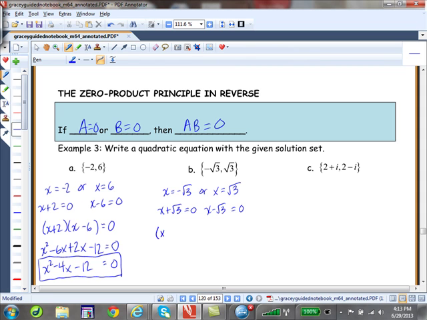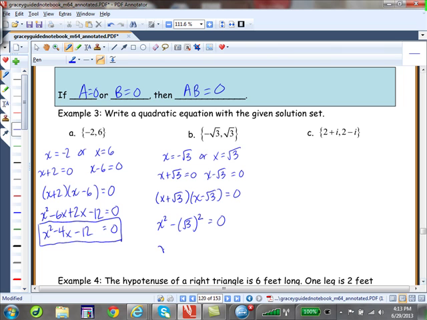So now that we have them both equal to 0, we can say that x plus root 3 times x minus root 3 is 0. Notice that I'll get a difference of squares result. So a possibility is x squared minus 3 equals 0. Okay?